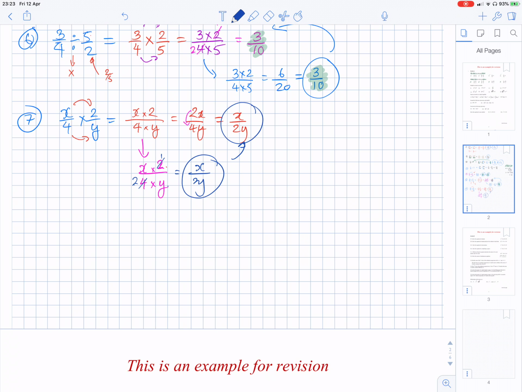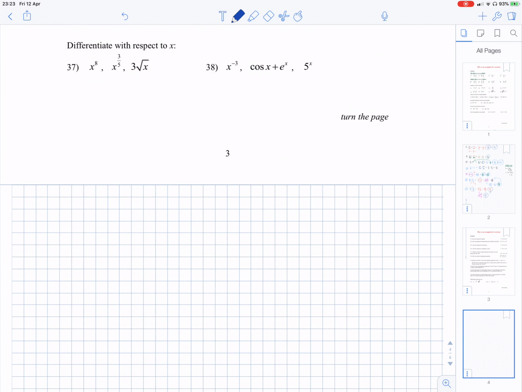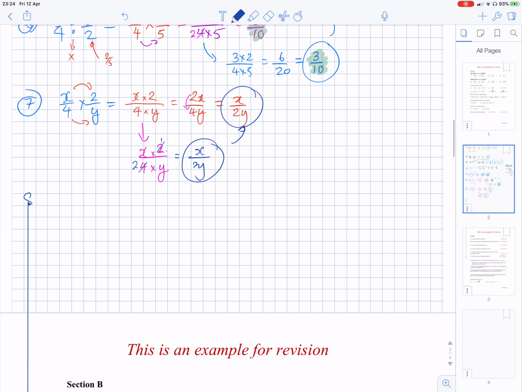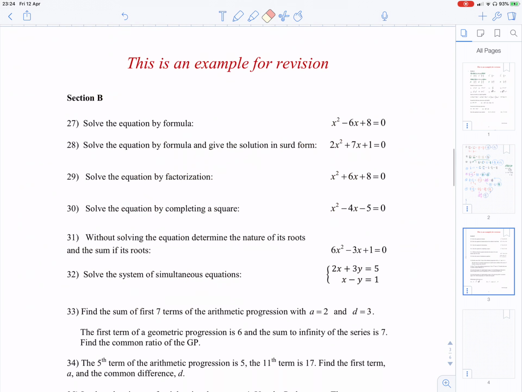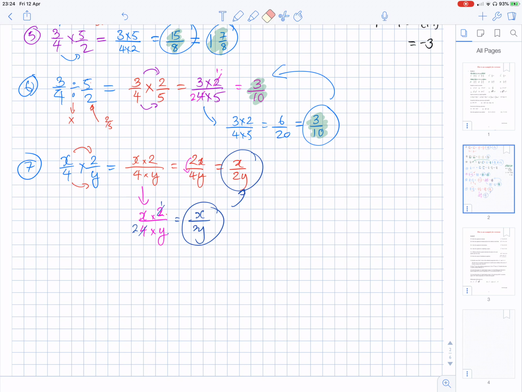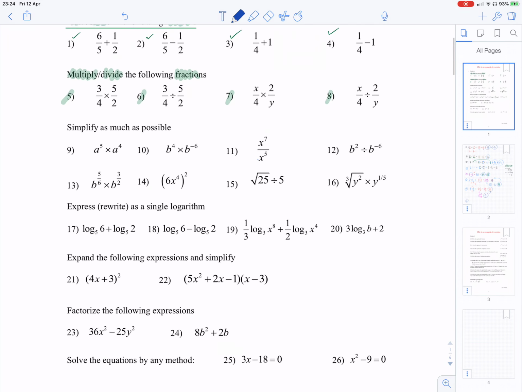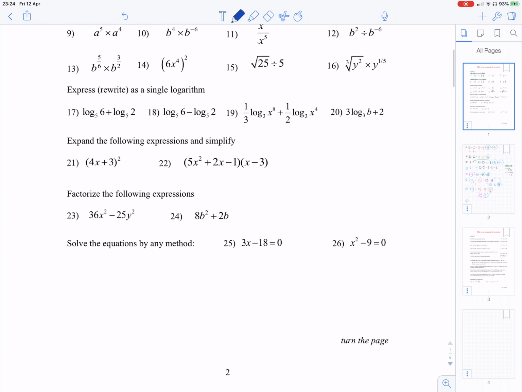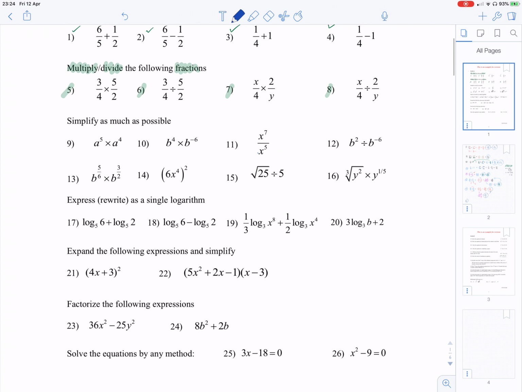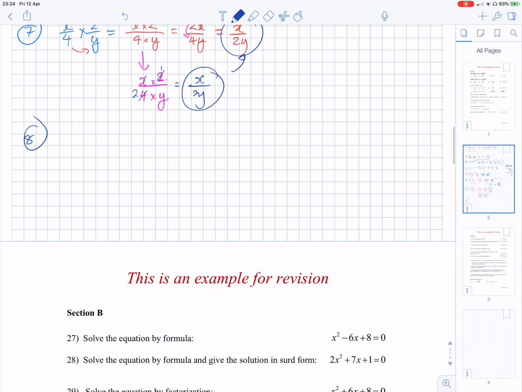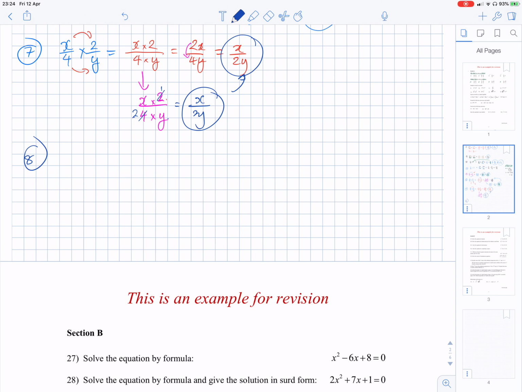Okay, so the last one is number 8. Number 8 is x over 4 divided by 2 over y. So it's the same as that, only the sign has changed.